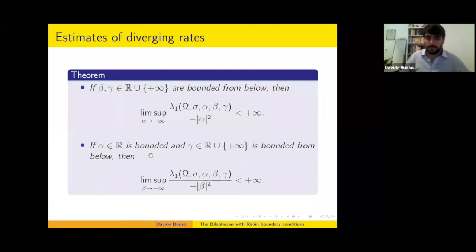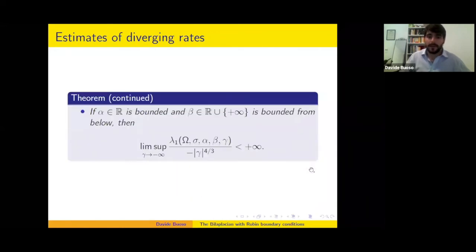If instead you let beta go to minus infinity, now the divergence rate is at most minus beta squared. And finally, when you let gamma go to minus infinity, you have this divergence rate, which is at most minus gamma to the 4/3.